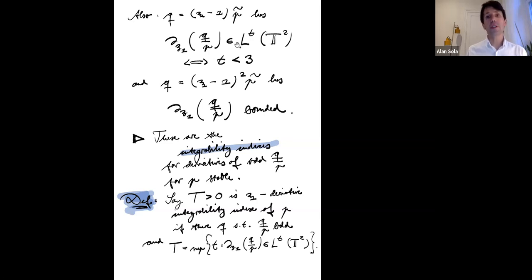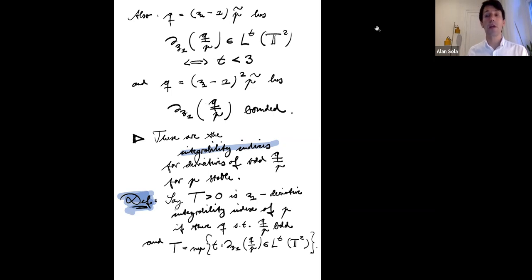So these numbers, 3/2, 3, and infinity, are the so-called integrability indices for derivatives of Q divided by P when P is stable. Let me make this more precise by giving the following definition.